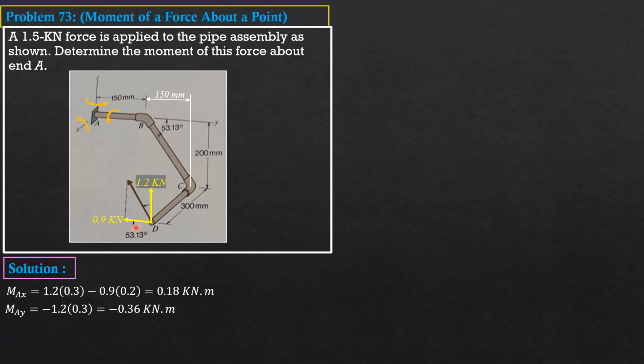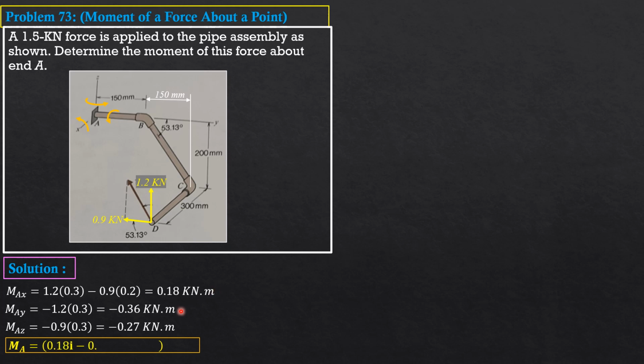So the moment arm of 0.9 about the Z axis is 0.3. So negative 0.9 times 0.3. That's MAZ. So negative 0.27 kilonewton meter. So MA therefore in vector form is quantity 0.18I minus 0.36J minus 0.27K kilonewton meter.